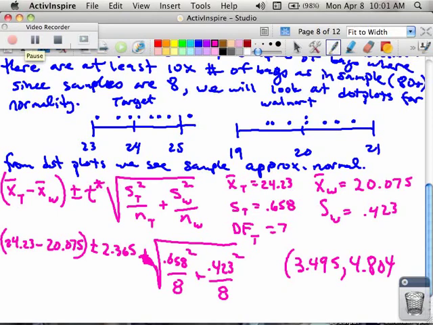And I ran out of room, but here's what you write down for the conclusion, since you guys probably have a little bit of room left. We are 95% confident that the interval from 3.495 to 4.804 contains the true mean difference in the capacity of grocery bags from Target to Walmart.